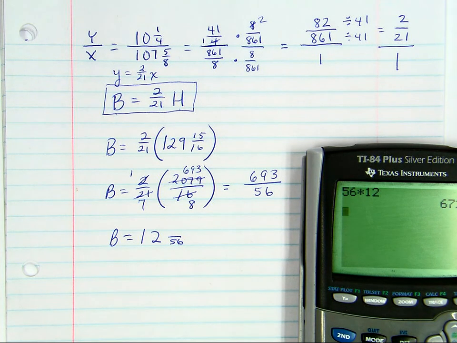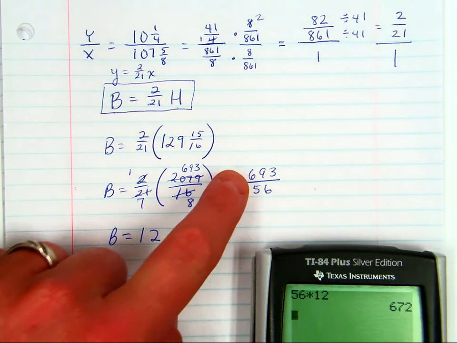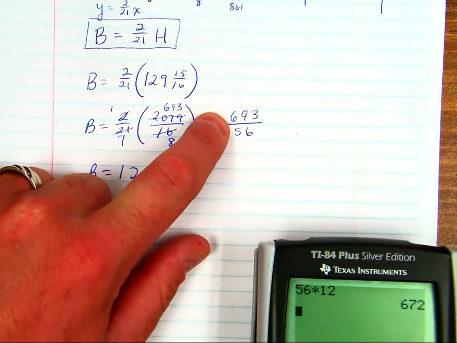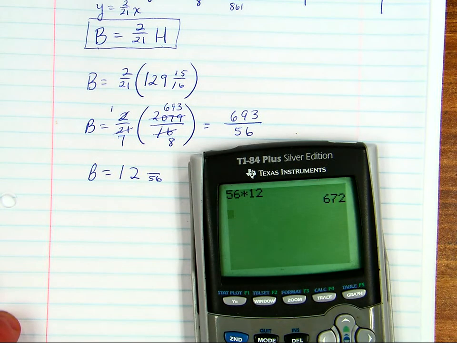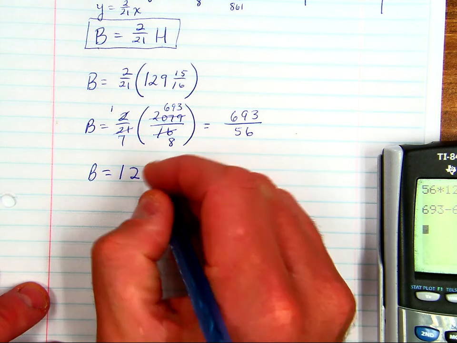And notice I got 672. I take the 672 and I subtract that from the 693. And I get 21.